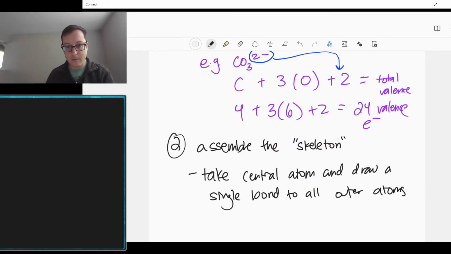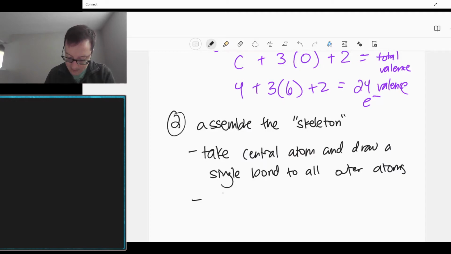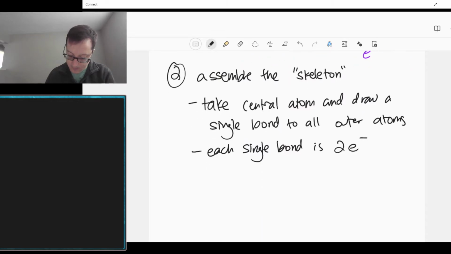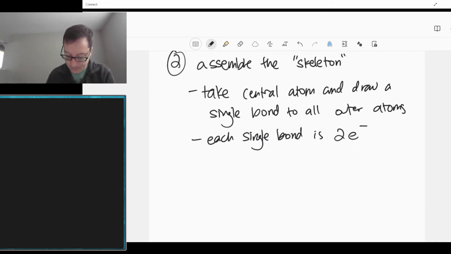For this, remember that each single bond is 2 electrons.